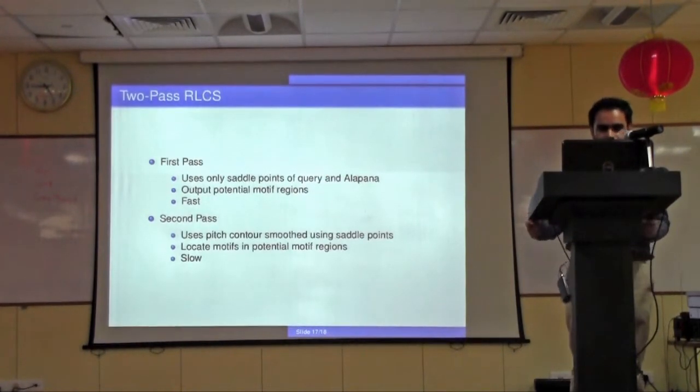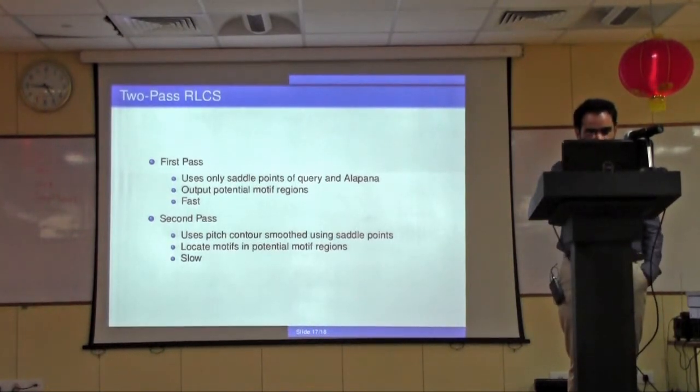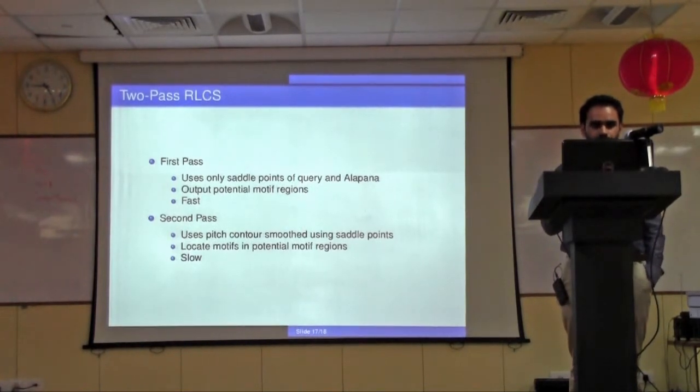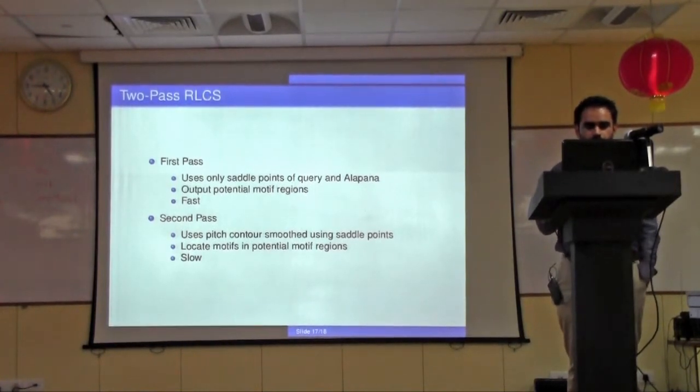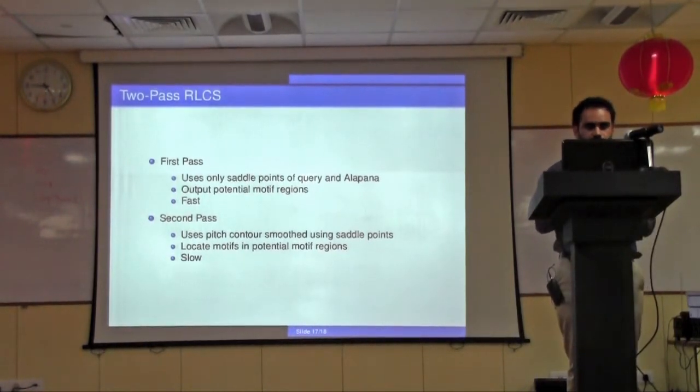We run RLCS in two passes. In the first pass, we use only the saddle points of the query and Alapana and perform RLCS with it, and we get the potential motif regions.